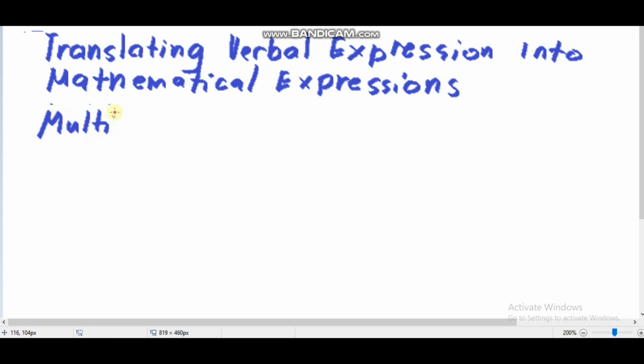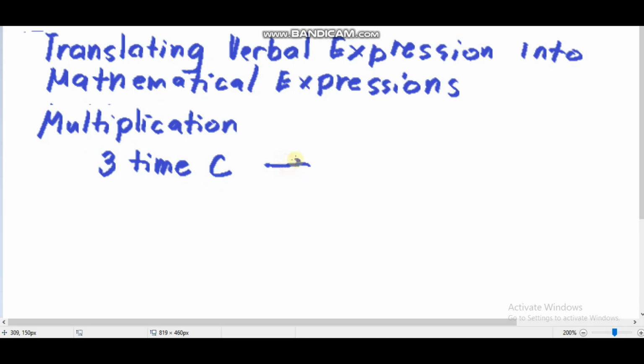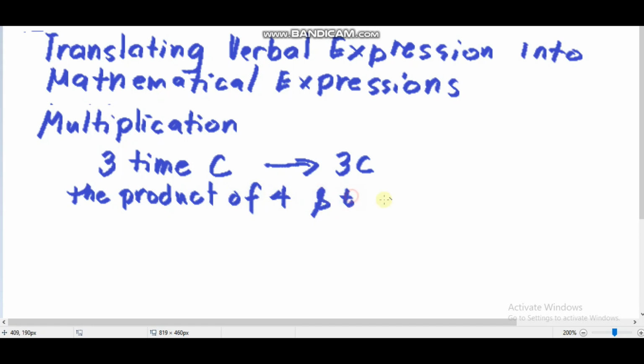How about multiplication? An example is 3 times C, so 3c. How about the product of 4 and t?